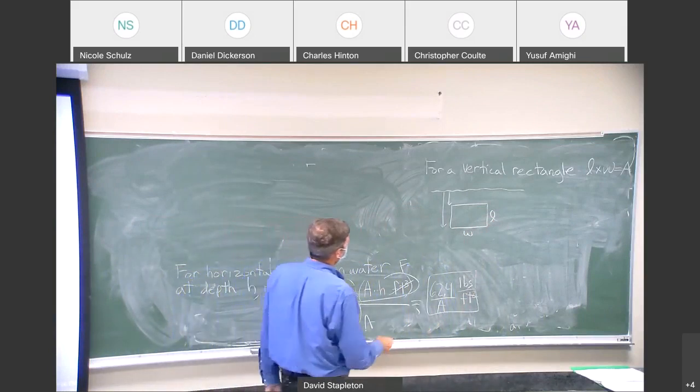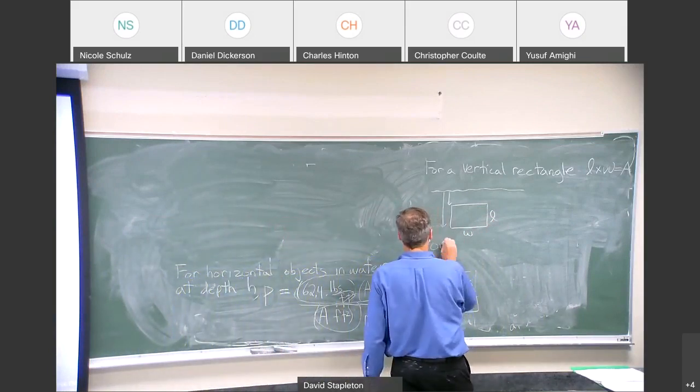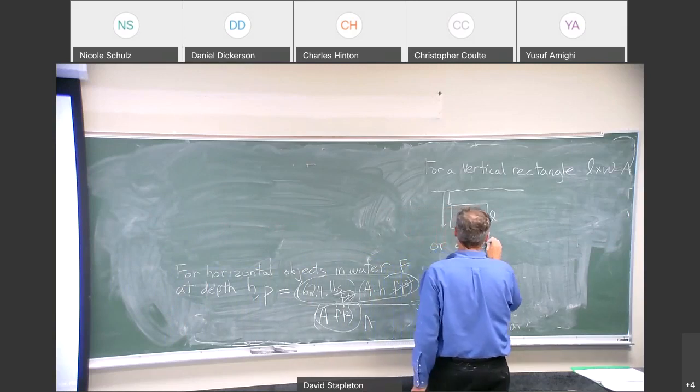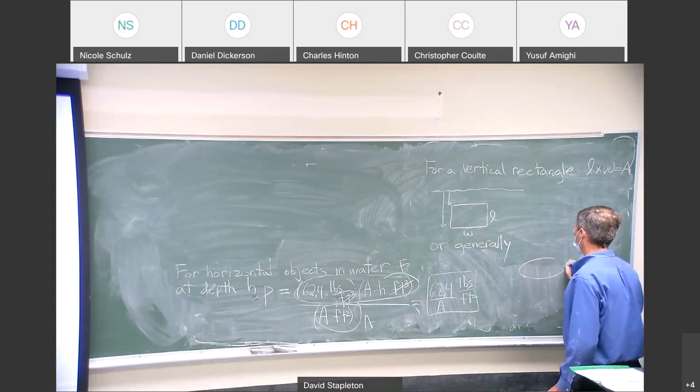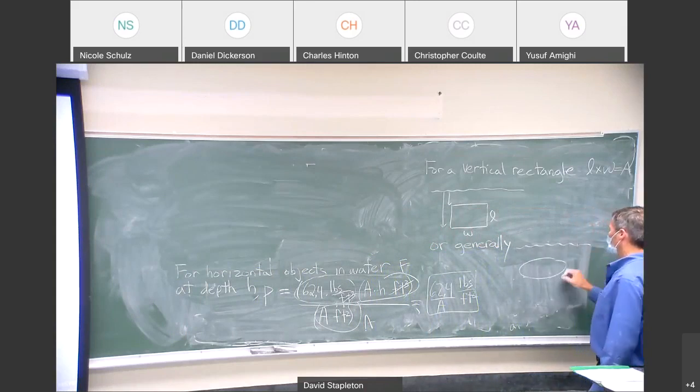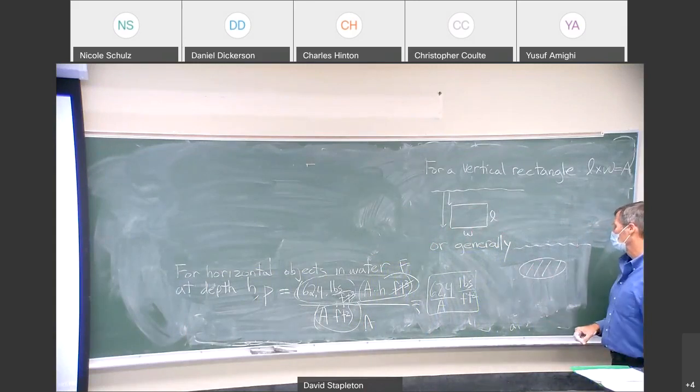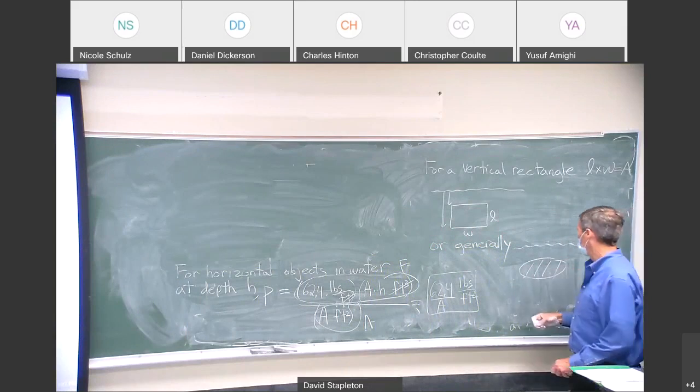More generally, you might have some other shape object under the water, and you want to know what's the pressure on this one that's vertically submerged. And it's got different pressures at different depths.